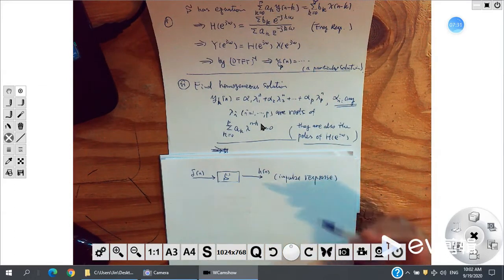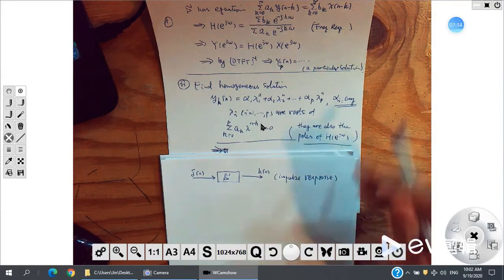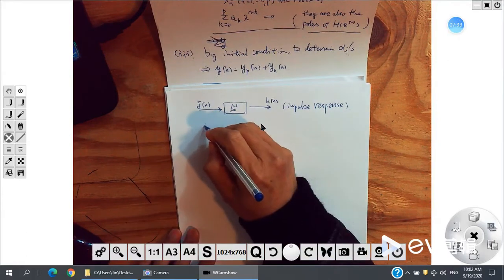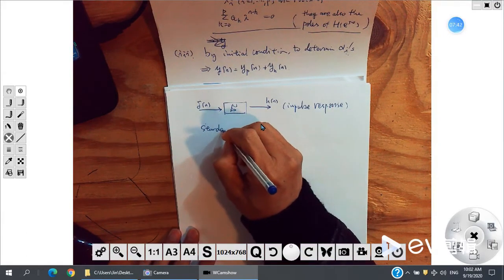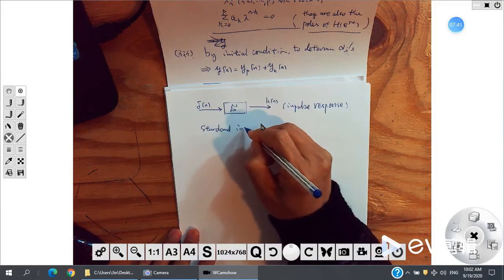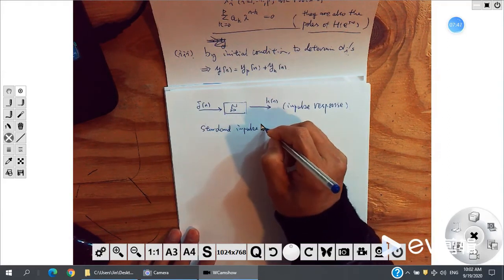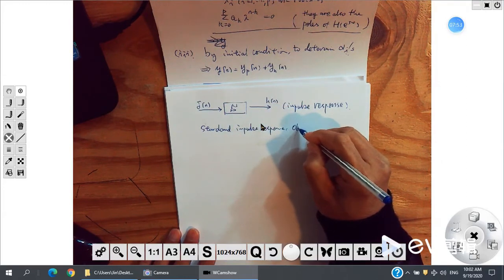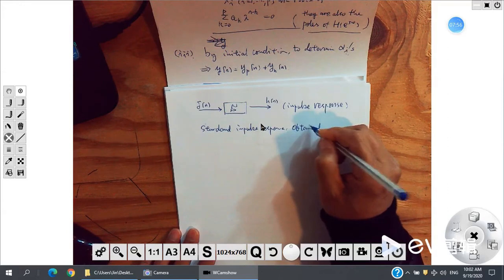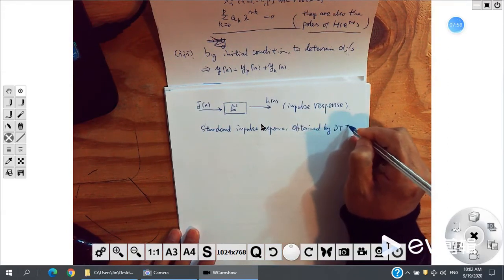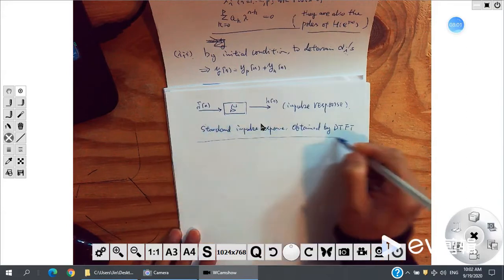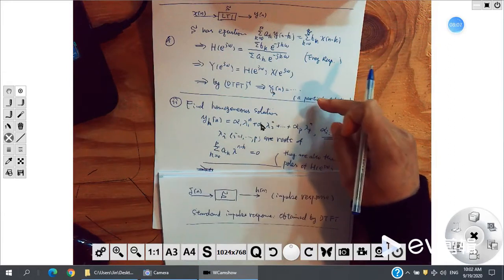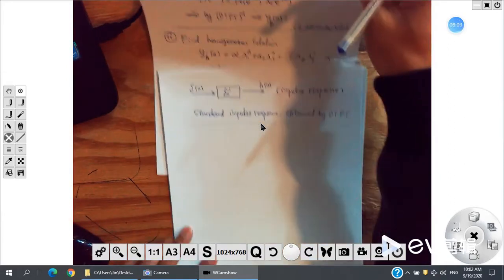Now, which one is the right impulse response? I will say this is the standard impulse response, obtained by the DTFT, the Fourier transform. You can use a different way, but by the Fourier transform you obtain that standard one.